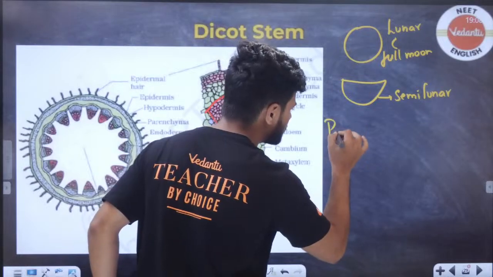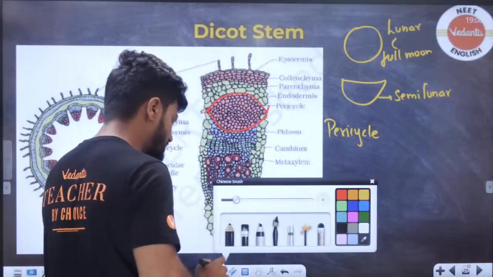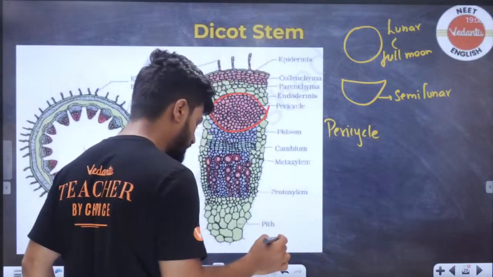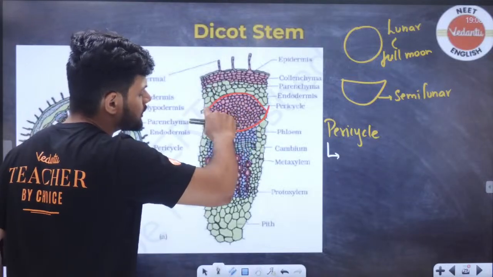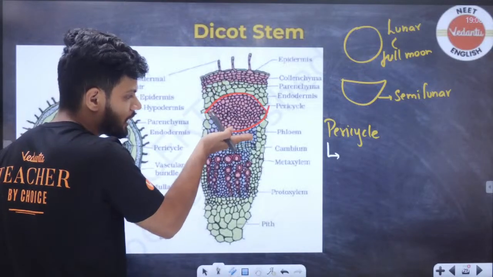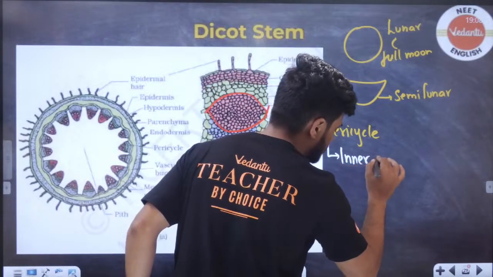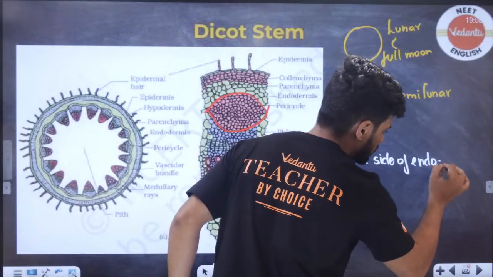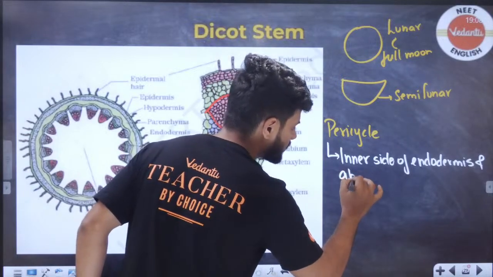So, pericycle. The first point about your pericycle is going to be the location. Students, your pericycle is present on the inner side of endodermis, and above the phloem.